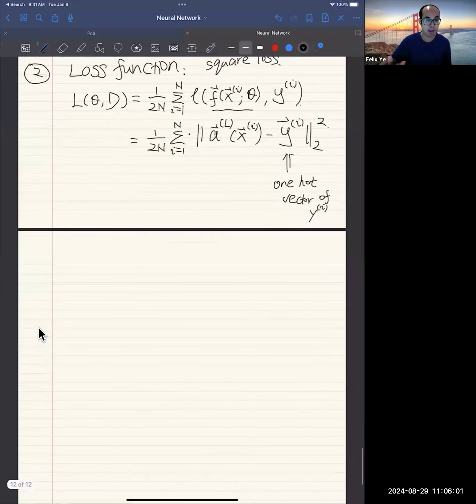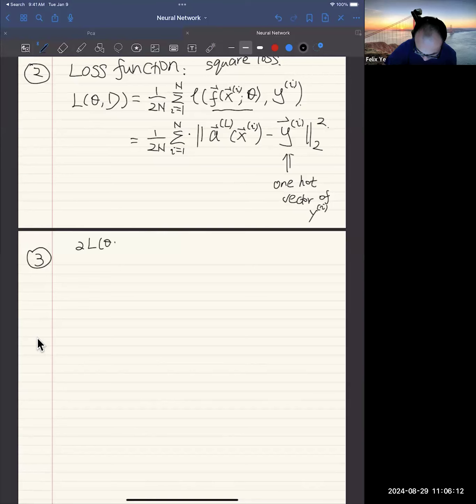So how can we solve this? The key here is we try to solve partial L over partial W^l and partial L over partial b^l.